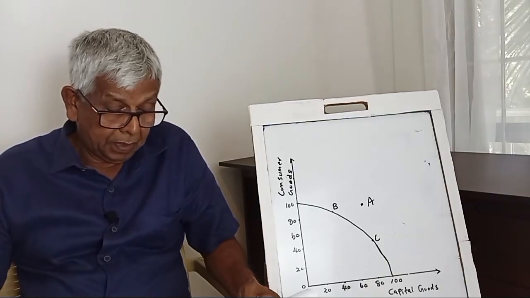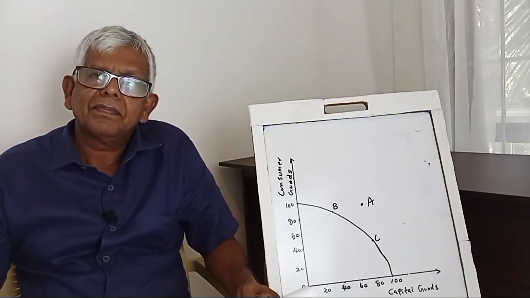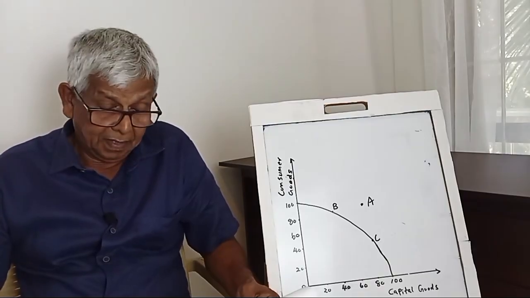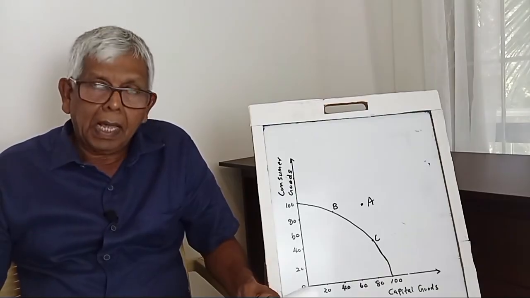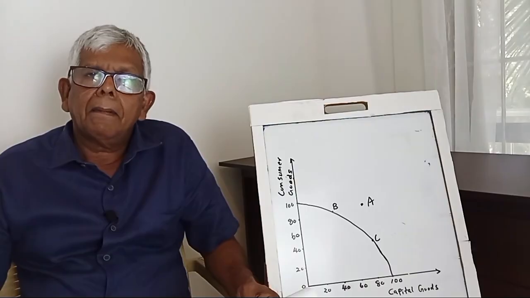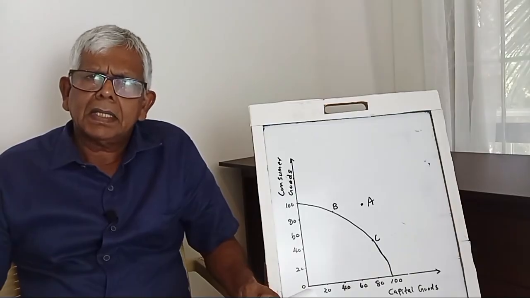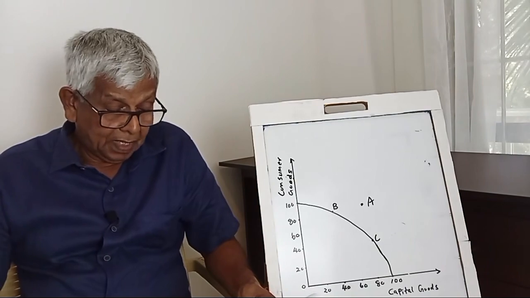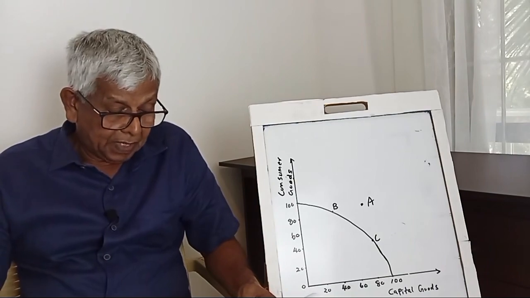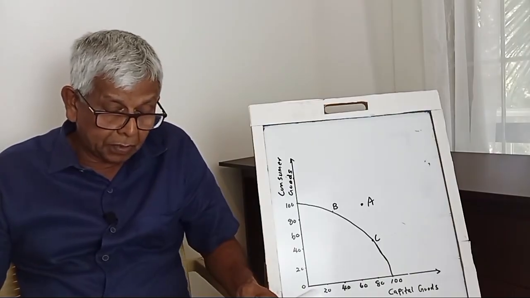First one, determine what goods and services are to be produced. This is called the allocation function. Second one, determine how these goods and services are produced.